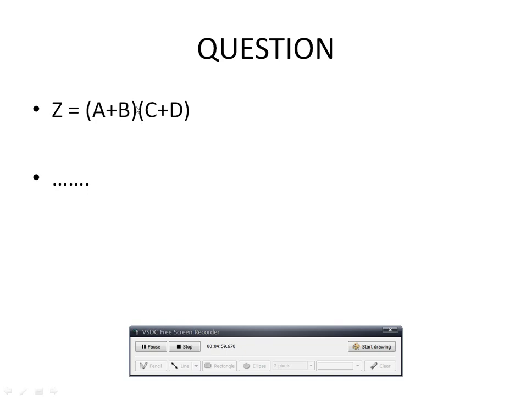And what joins the two brackets together? There is nothing here. But remember, in the previous slide, we said whenever you see nothing in between two entities, it represents a multiplication, that is AND. So this bracket here and this bracket here are two entities joined by the AND gate.